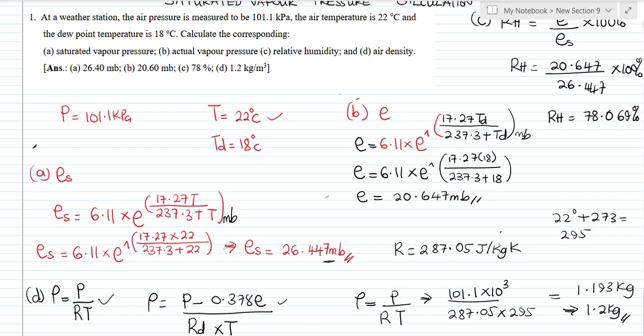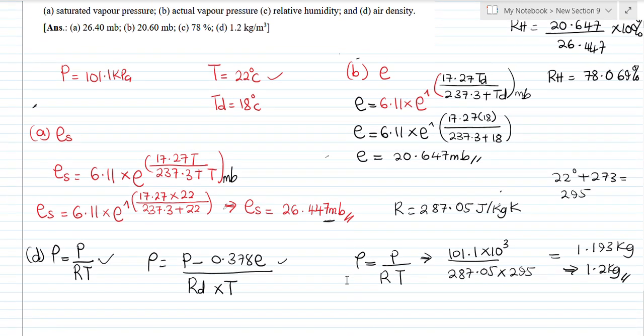Have you seen that? So basically what we are finding is the air density, and this is the relation for finding it. The air density is equal to the air pressure over the ideal gas constant times the temperature of the air.